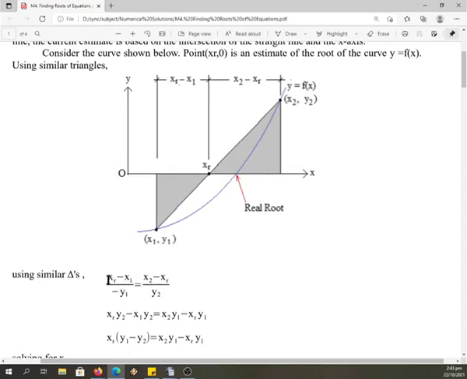Again, this is using the concept of similar triangles: base is to height as base is to height. y2 is measured from this point up to that point, and y1 is measured from this point up to that point. This distance is xr minus x1, and this base is measured as x2 minus xr.